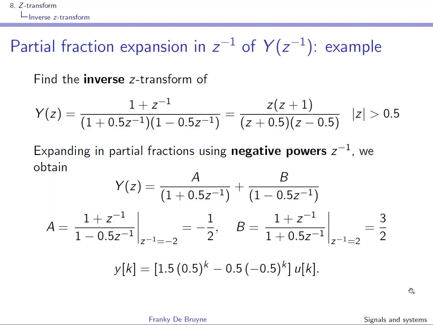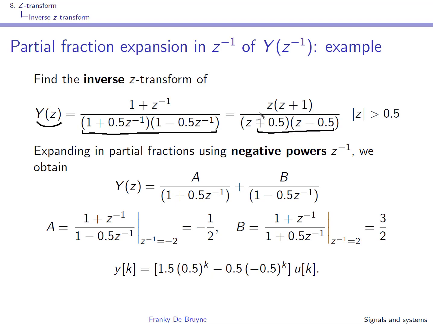So what we'll do in the next two slides is take the inverse z transform of y of z, and this is the y of z that we are considering. Here we are expressing it as a function of z minus 1. But if you multiply the numerator and denominator by z squared, you can also rewrite it like so.